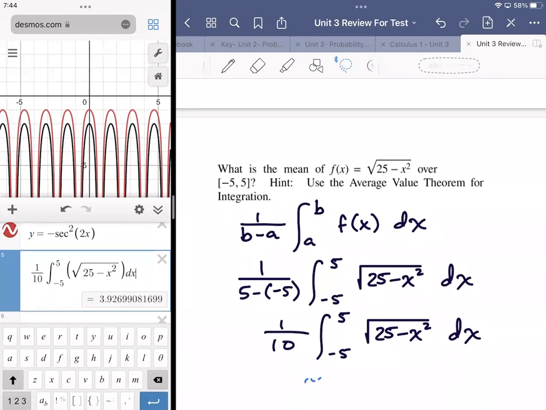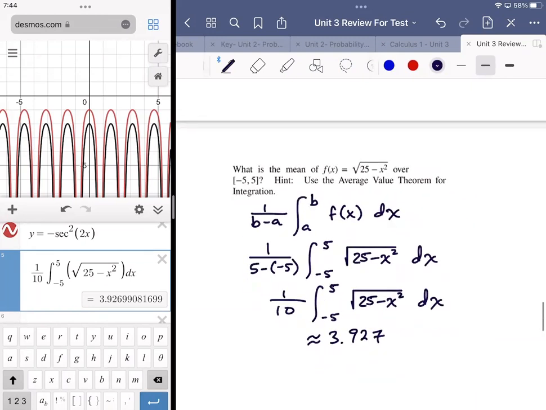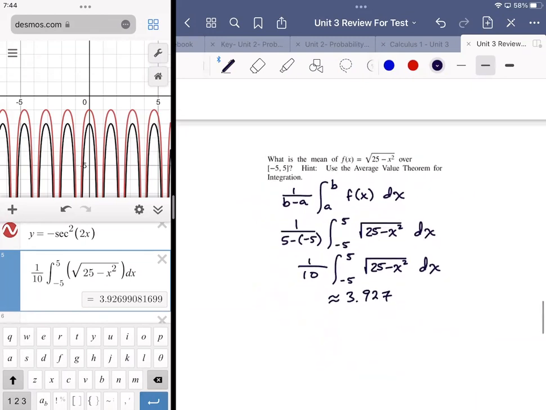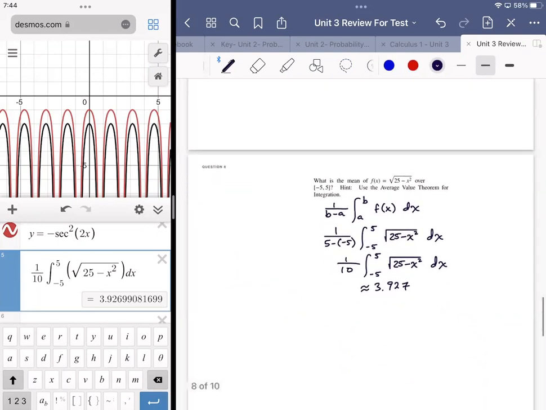And so approximately, and I'll give you rounding instructions on the test, this is about 3.927. In most cases, it's going to be the nearest 3 decimal places, but there are some exceptions to that. All right, so that was 8.